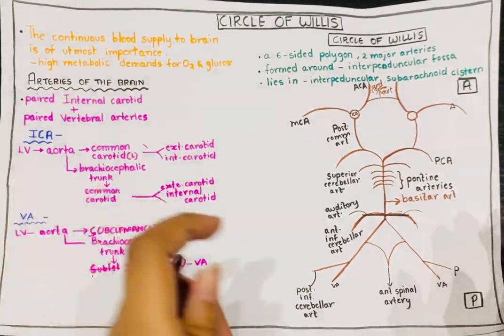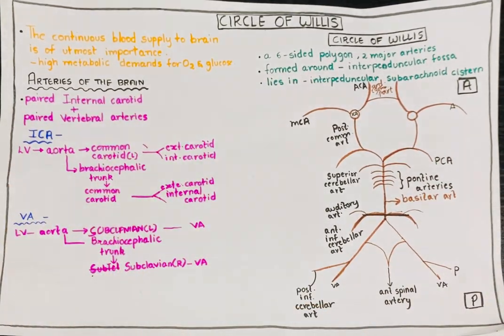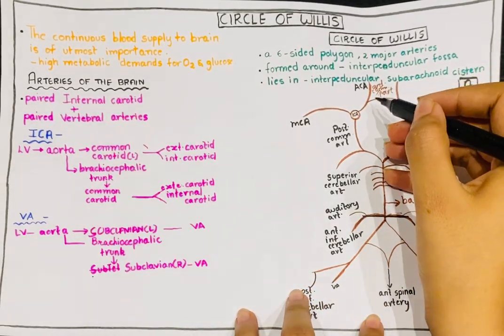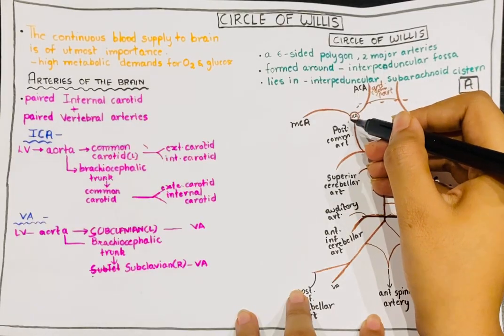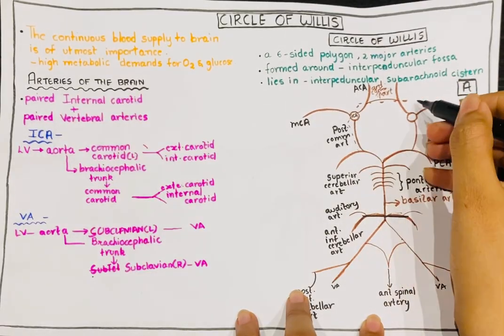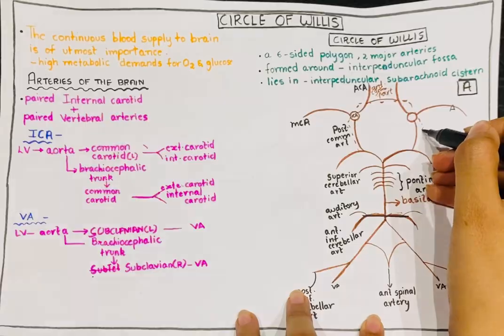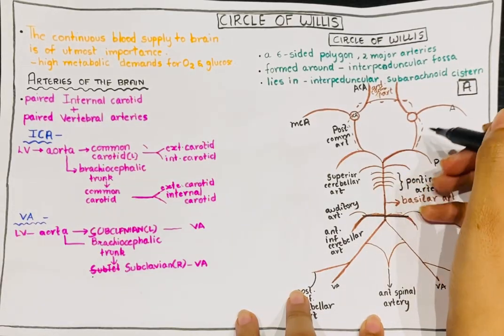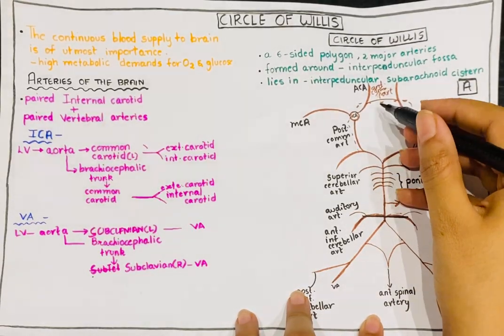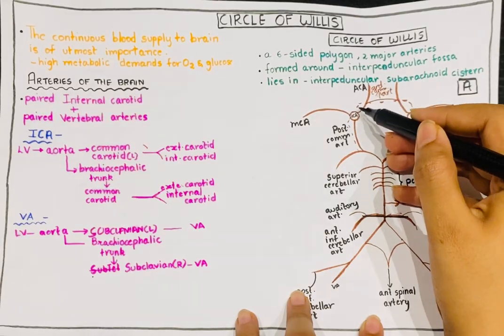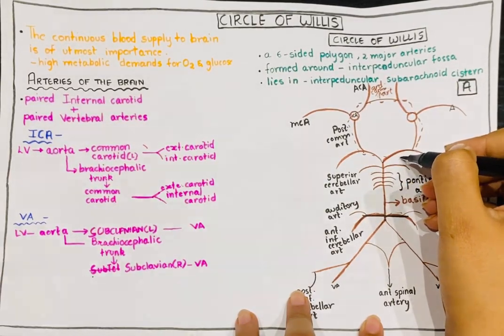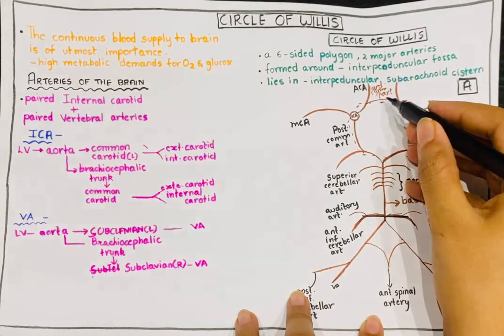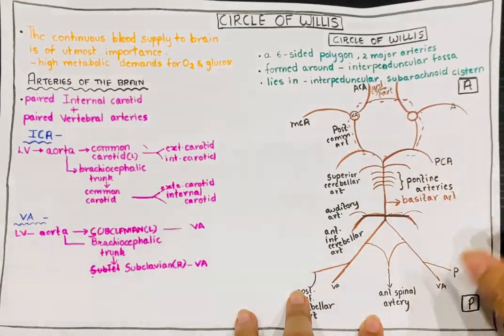Okay, so as I've already mentioned, the circle of Willis is a six-sided polygon. As you can see in this diagram right over here, this is a six-sided polygon. One, two, three, four, five, six.